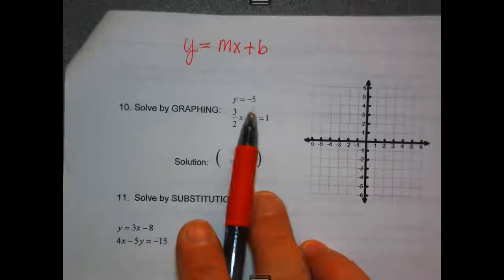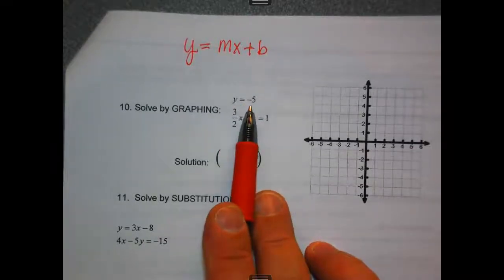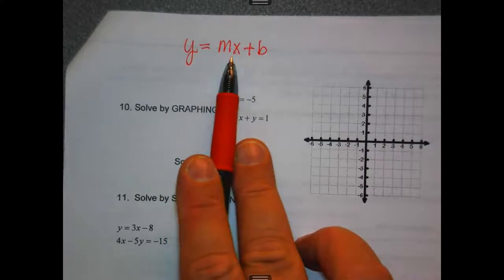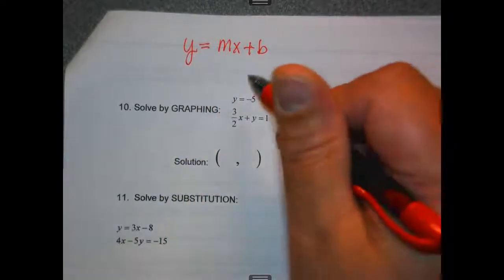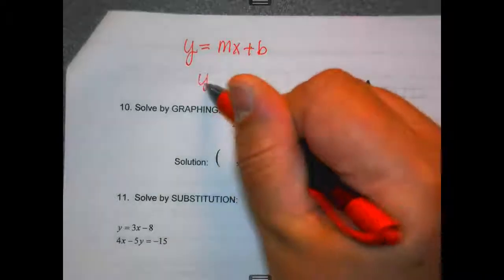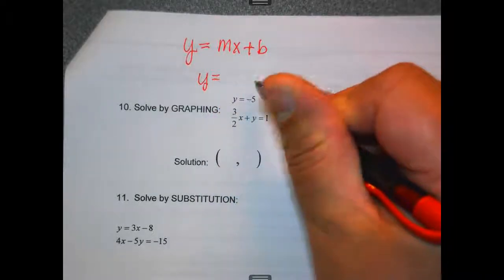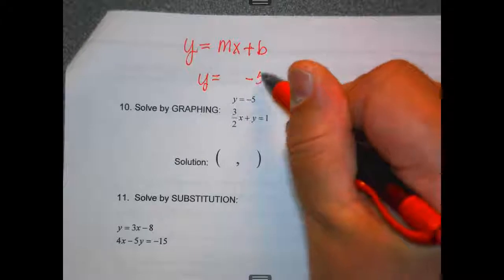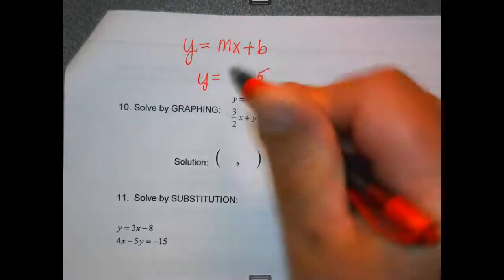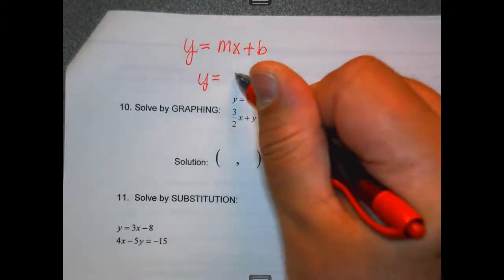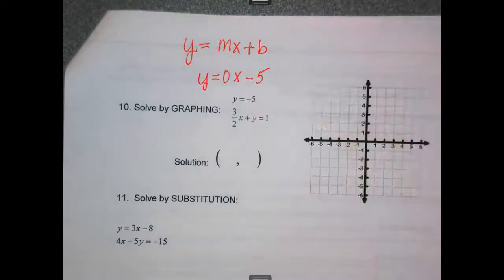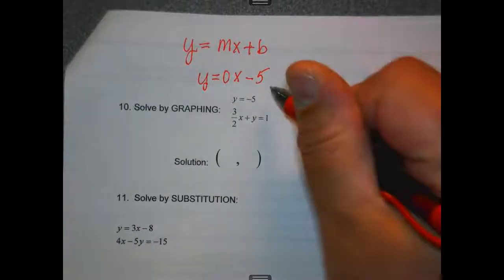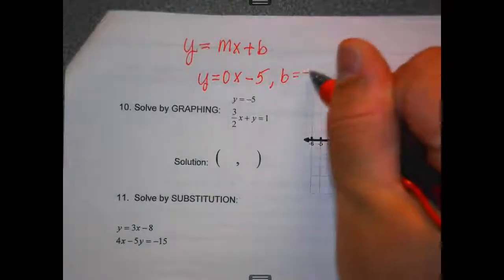Yes, it is. It just so happens that this negative 5 is b. My slope is 0, right? So my b is -5.